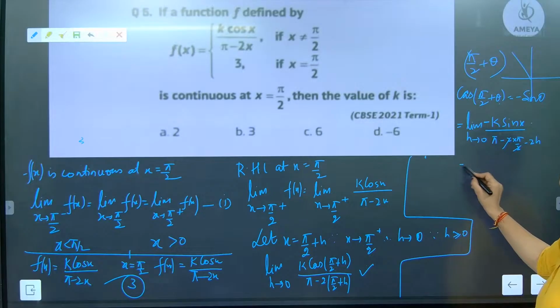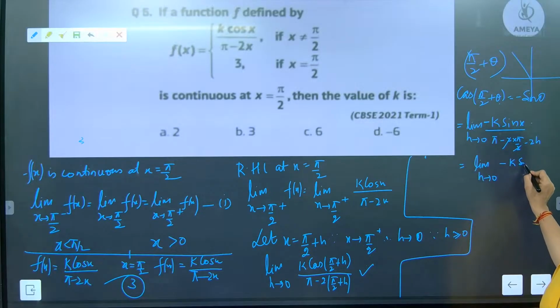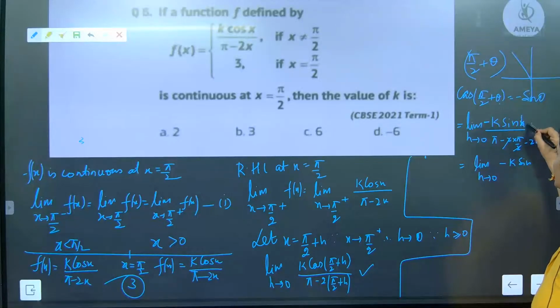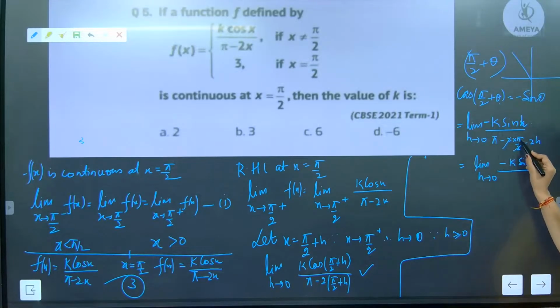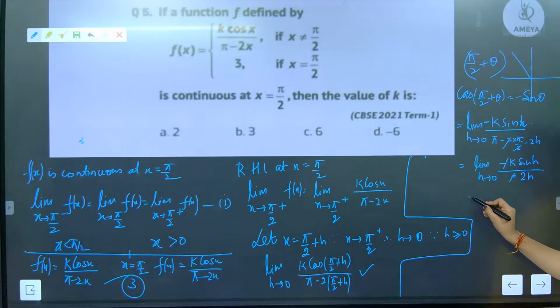This pi and pi will get cancelled. So what will come is minus 2h.